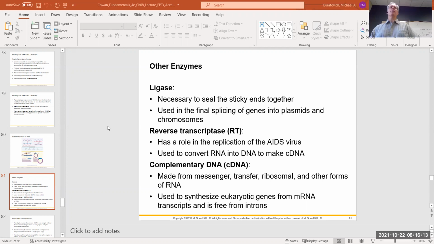These nucleic acid amplification tests are polymerase chain reaction tests for your pathogen. We have a video that shows you how polymerase chain reaction works. Let's go ahead and watch that.